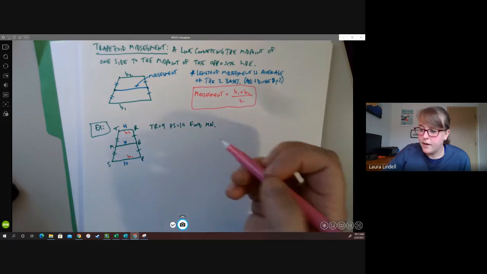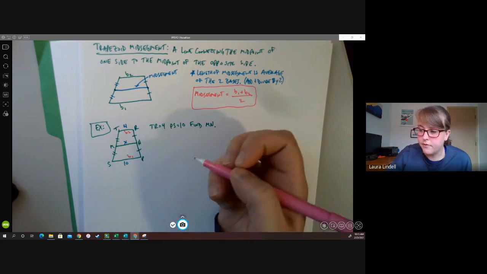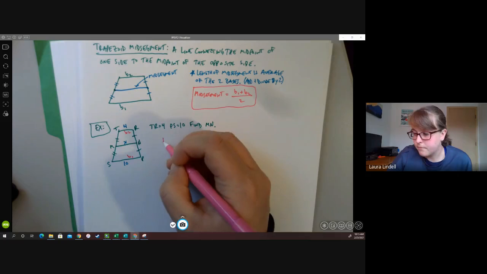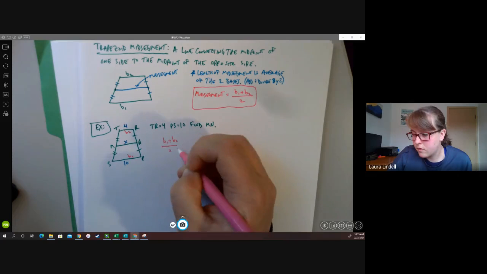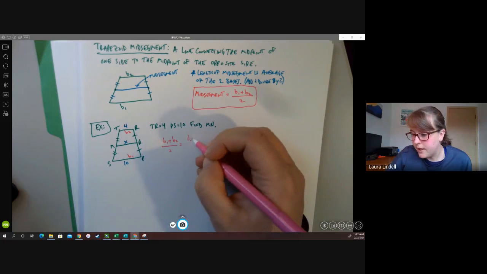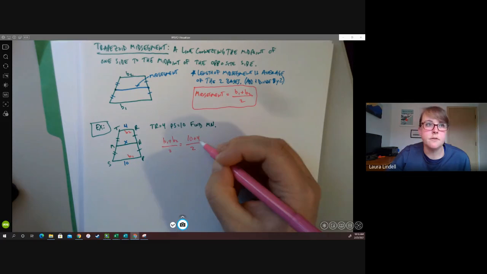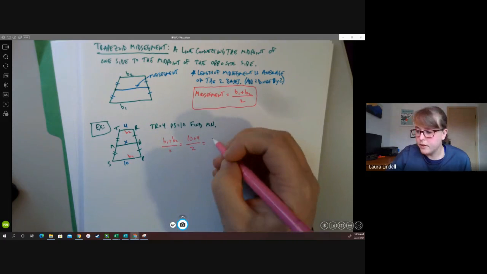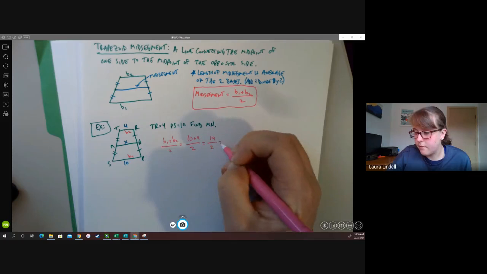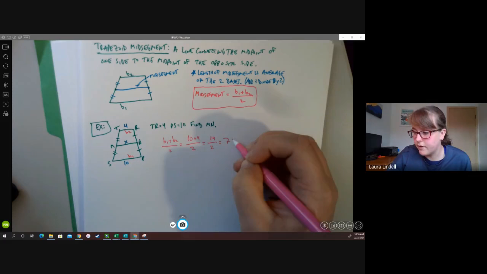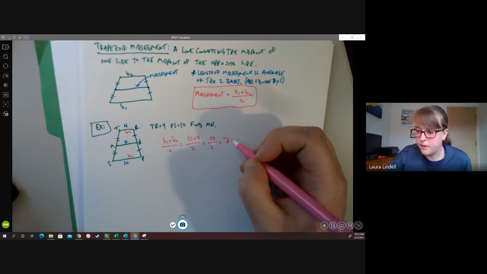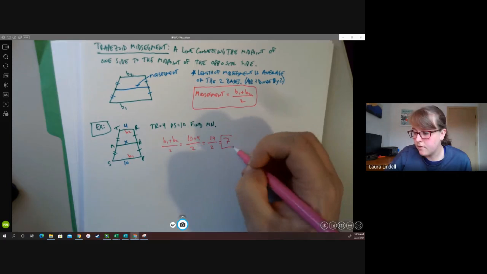Okay, so then it's just adding those together and dividing by 2. So that would be 10 plus 4 divided by 2. Make sure you do the addition first. 10 plus 4 is 14. Divided by 2 gives us 7. So that would be the length of our mid segment, MN.